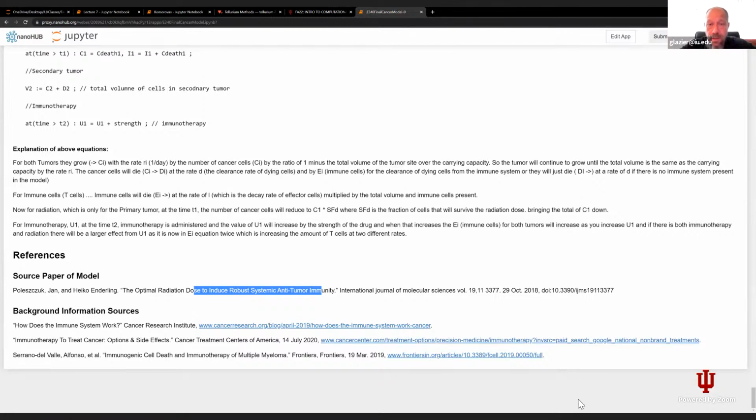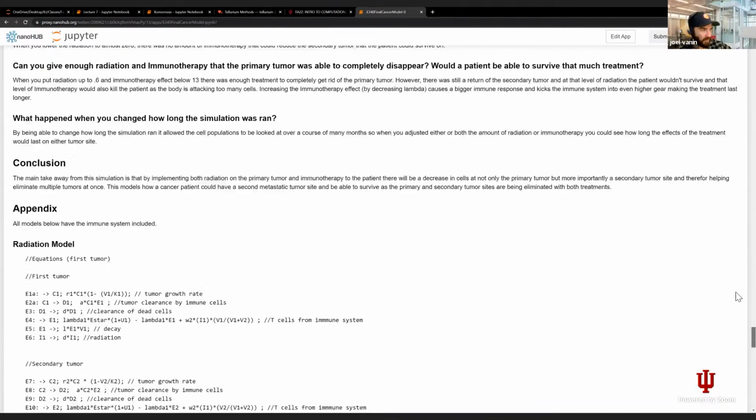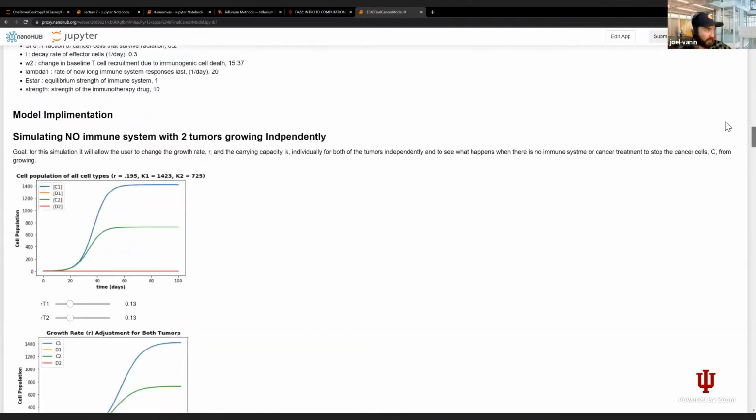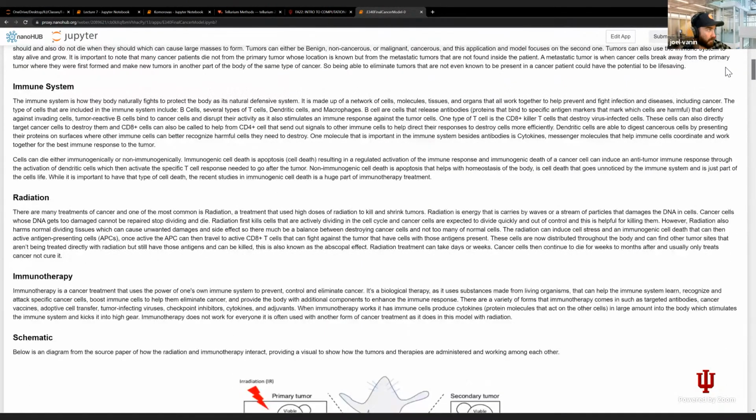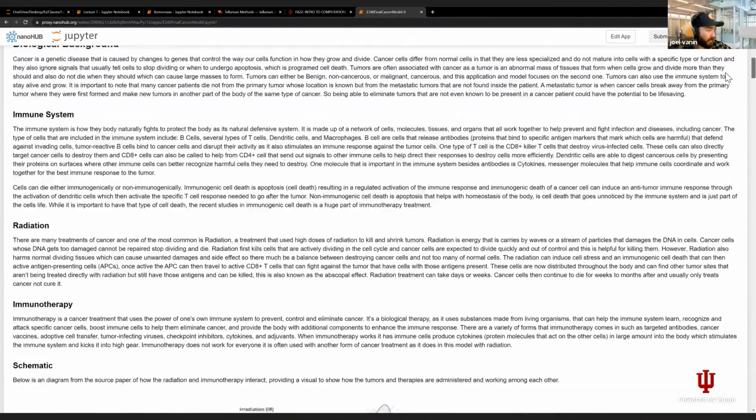One question I had, so you felt that they didn't explain the concept of carrying capacity clearly enough? Yeah, I mean, it is understandable what carrying capacity is.